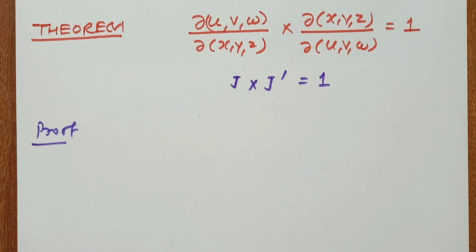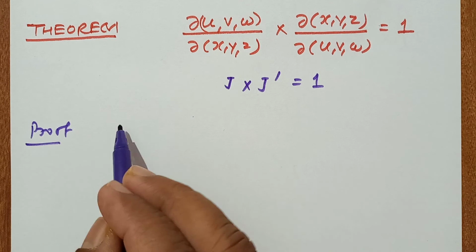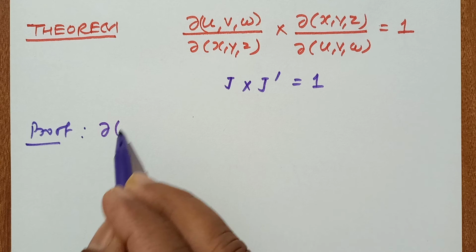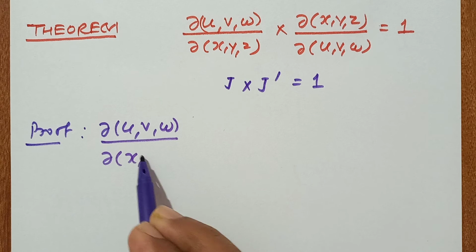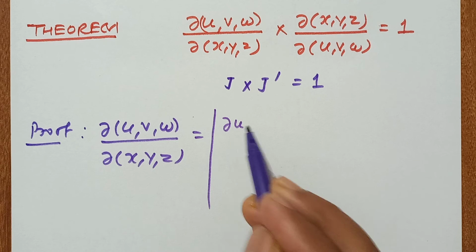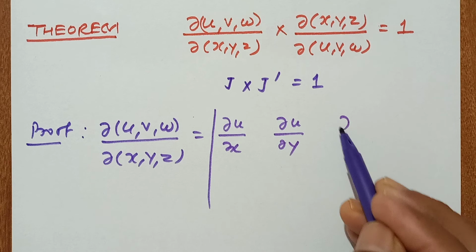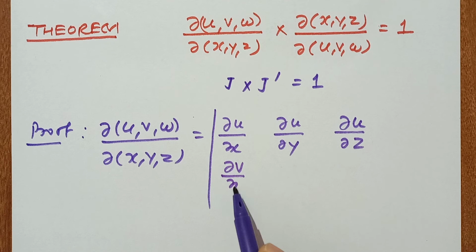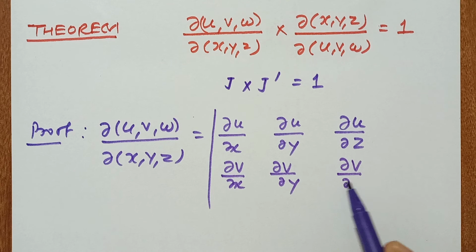So we will use the definition of the Jacobian of functions of three independent variables. Now we have the definition of del u v w upon del x y z, which is equal to del u upon del x, del u upon del y, del u upon del z, and del v upon del x, del v upon del y, del v upon del z.